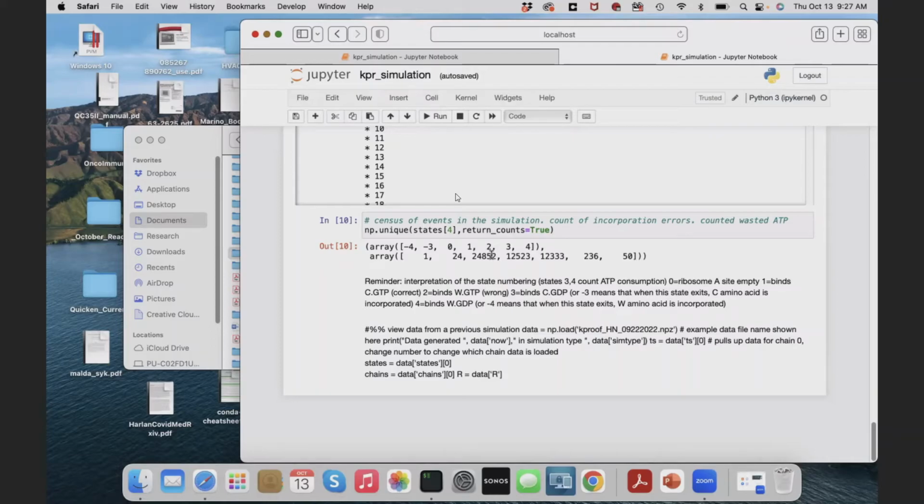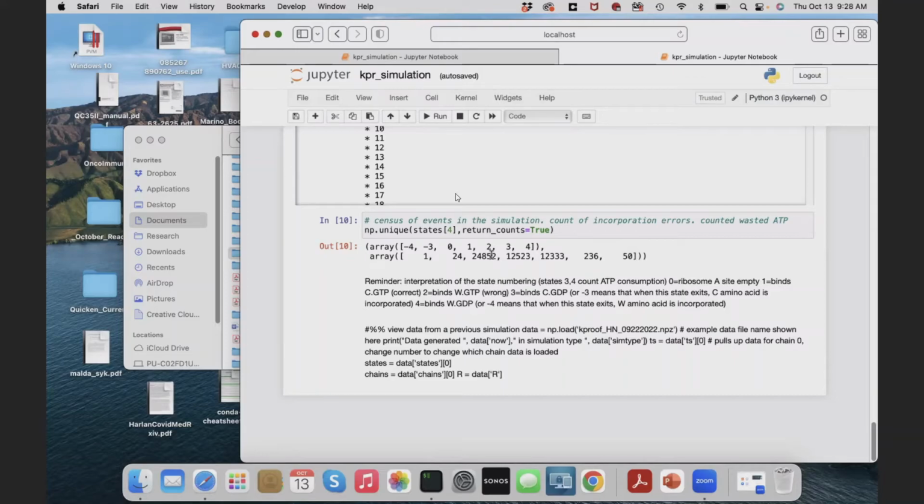And whether this scheme actually is good enough to cover what we're seeing happening is still up in the air. Anyway, so that's kinetic proofreading.